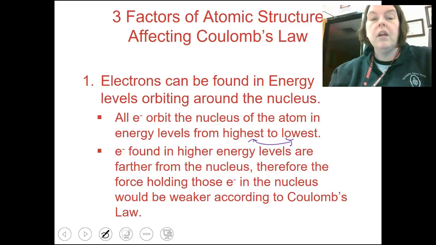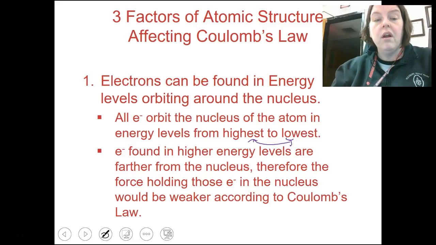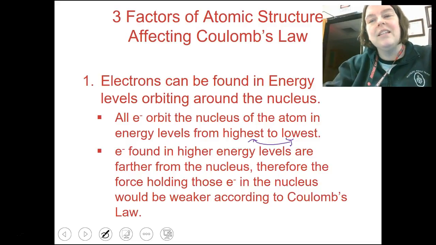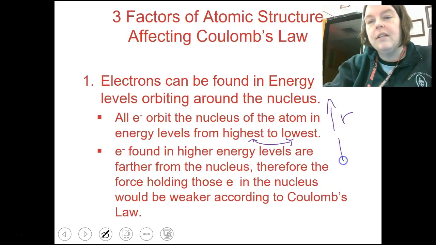And so what do we know? We know that electrons found in higher energy levels are further from the nucleus. Therefore, the force holding those electrons to the nucleus would be weaker according to Coulomb's law. Why? Because if I increase the distance, I decrease the force.